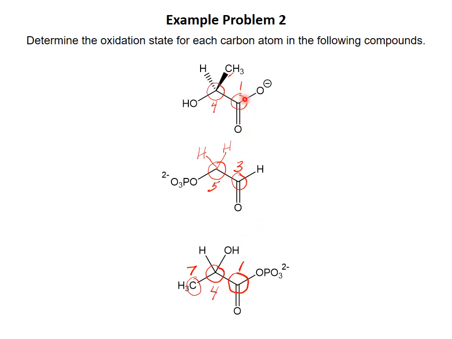Notice the oxidation state of this carbonyl carbon is different in one of them. It's 1 here, it's 3 here, it's 1 here. The higher the number, the higher the potential for oxidation. There's more electrons to give up and to have it become oxidized. So this carbonyl carbon has the propensity to oxidize compared to the other two.